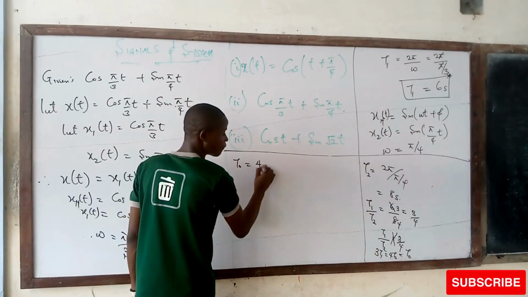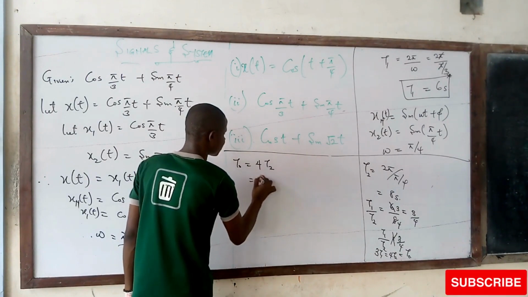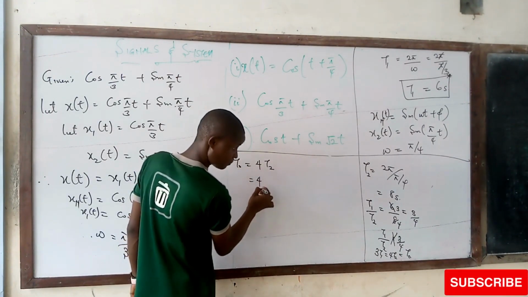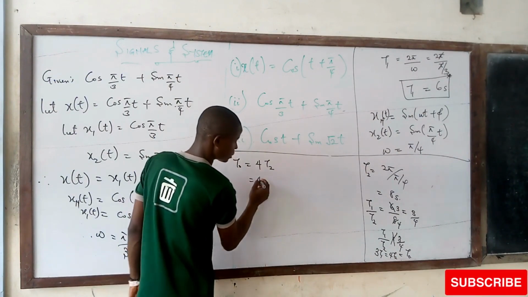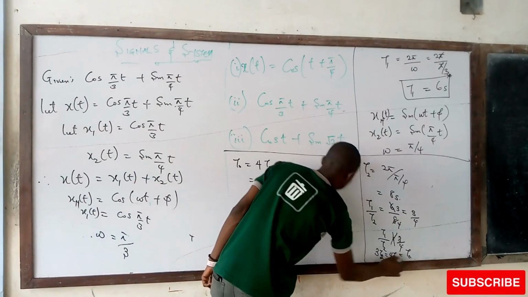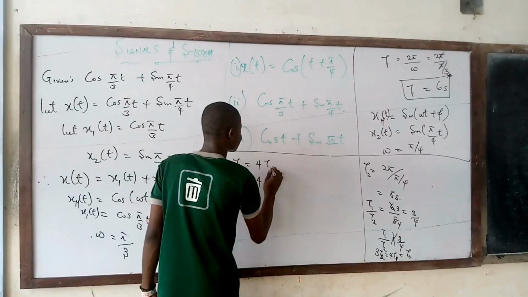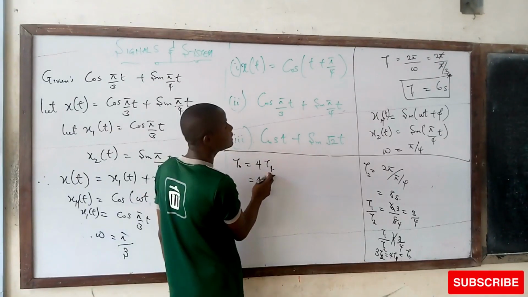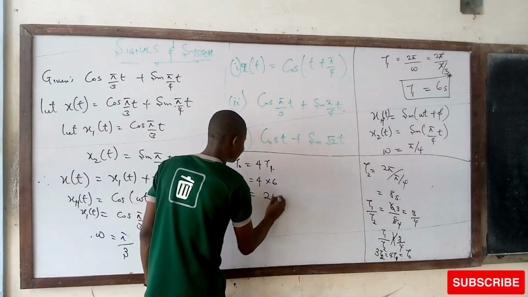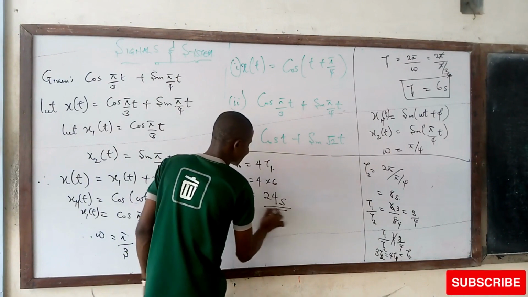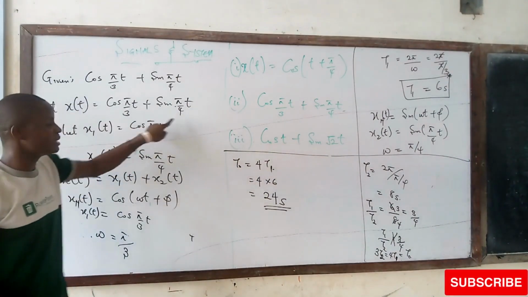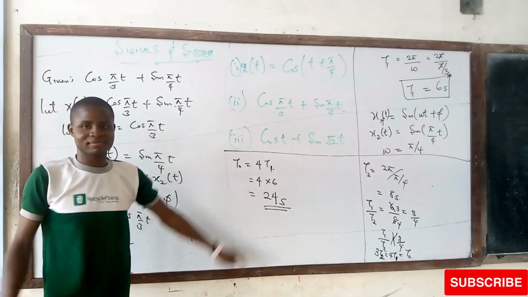T0 is 4T1. My T1 initially was 6, which is going to be 4 times 6, 24 seconds. Hence, the period of these two signals together is 24 seconds.